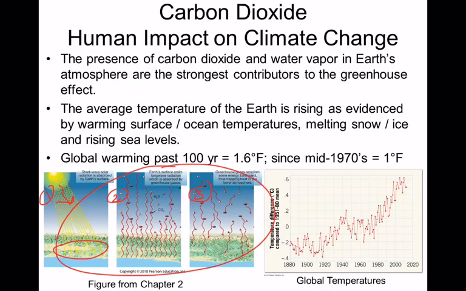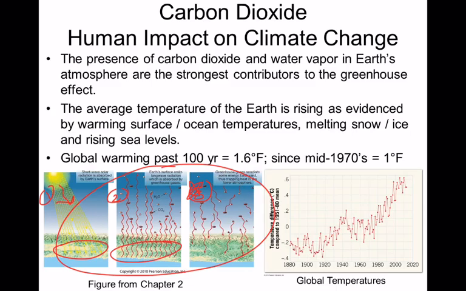Once it's warm, it wants to ooze off its radiation, and that's what's happening in the middle one. Where carbon dioxide comes into play is right here in the third box. I don't know if you can tell, but those little bug-looking things are carbon dioxide and water vapor. They are driving that thermal energy back into the Earth. So that's the greenhouse effect.